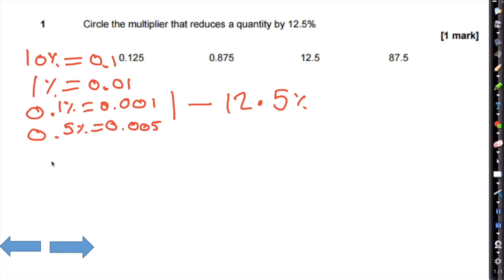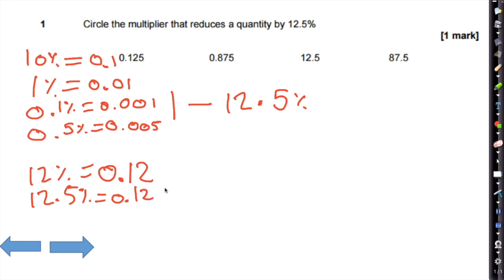Overall, you might be able to see that 12% is going to be 0.12. The 10 comes from 0.1, and the 2 comes from 0.02. Remember our half a percent here was 0.005, so therefore 12.5% is 0.125.